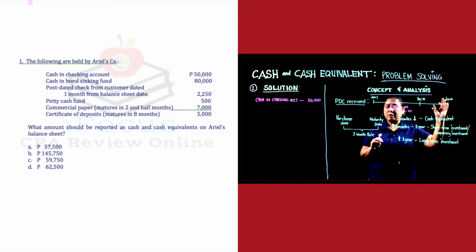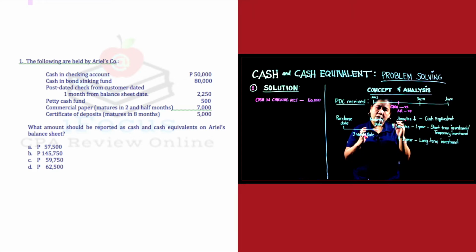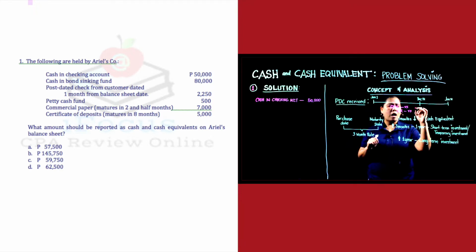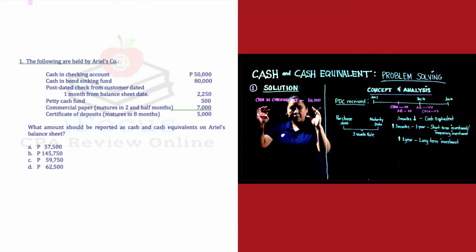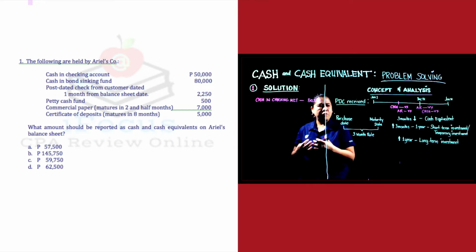Pagdating natin sa date ng cheque onwards. Alright? So, as of December 31st, our adjusting journal entry is debit to accounts receivable and credit to cash. Alright? So, itong item number 3 na post-dated check, hindi siya dapat kasama sa ating cash and cash equivalent.